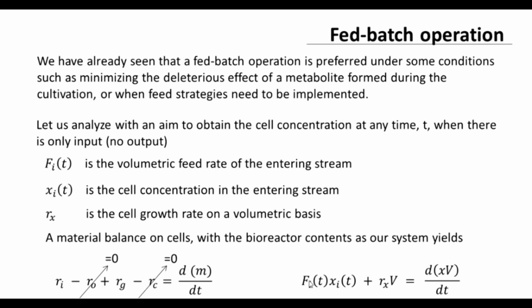Ri is nothing but Fi as a function of t times Xi as a function of t, and Rg is nothing but Rx times V. You can go and check your previous lecture notes to see that this is indeed the case, equals d/dt of xV, since mass is nothing but concentration into volume, cell concentration into volume.